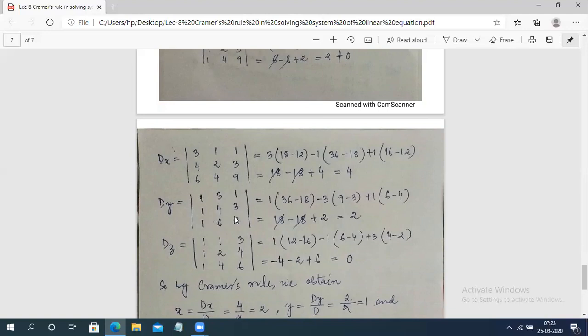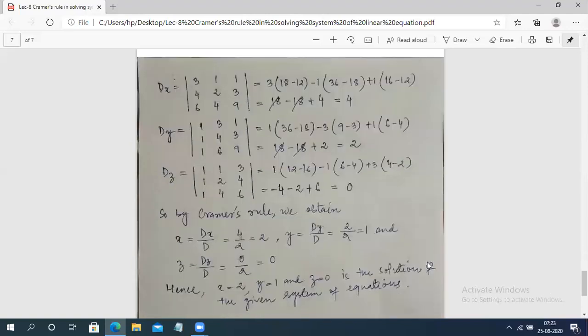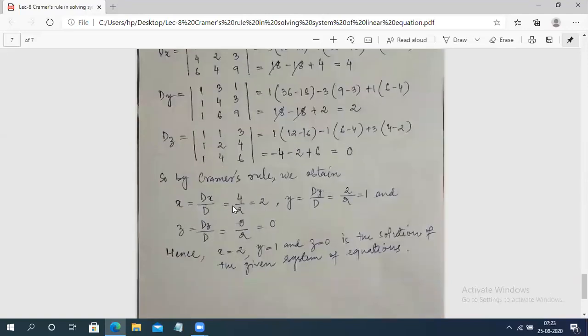The first and third columns will remain the same. Find the value. Similarly, to find dz, the first and second columns will stay the same. Change the third column into the constant terms on the right hand side, and you will have this value. Dz is 0.